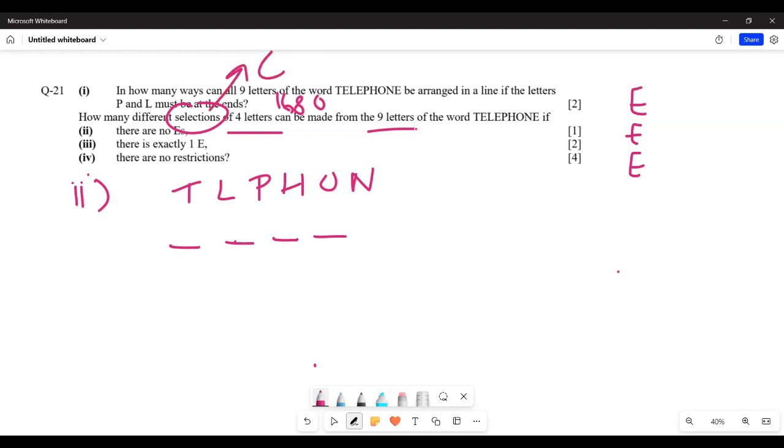So this should be 6C3. 6 options, but sorry, 6C4, 4 spots. So that's 15. This gives 15.